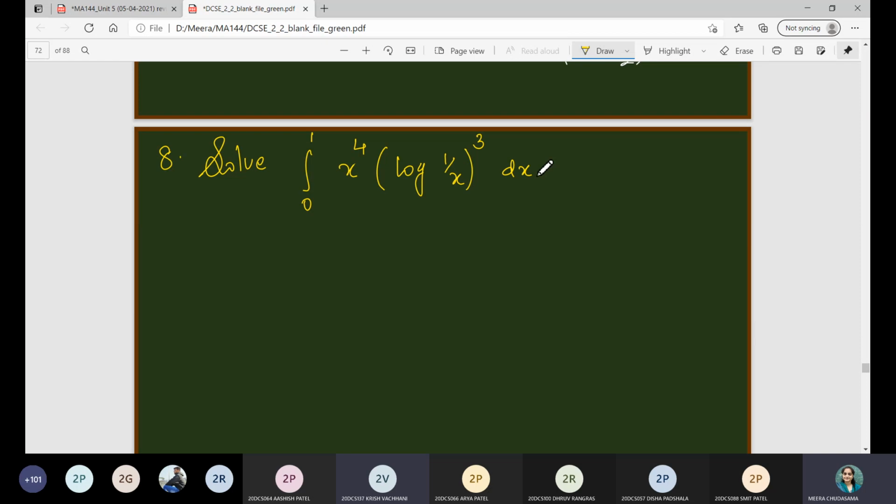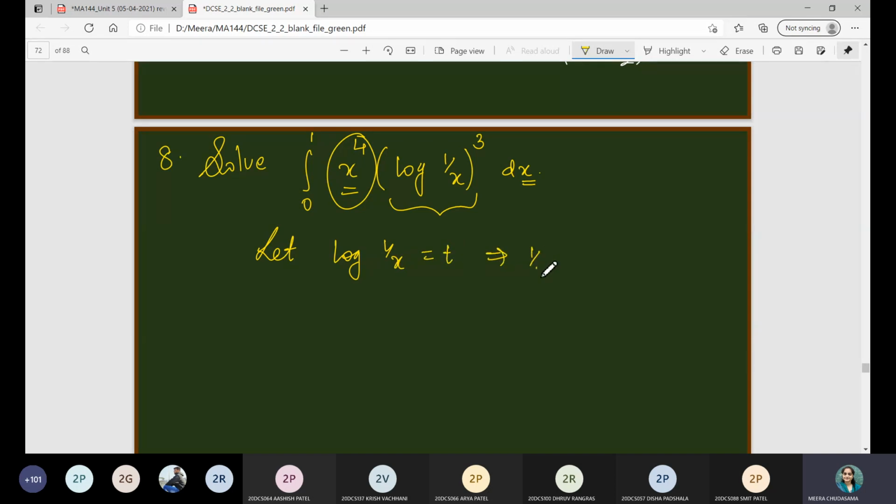Yes, see, since x is the dummy variable of integration, whether you consider the beta function or the gamma function, x raised to 4 will be there in both definitions. So the problem-creating term is log 1 upon x. So let us consider log 1 upon x as another substitution, and then we will see which definition will be applicable, right? So let log 1 upon x be equal to t.